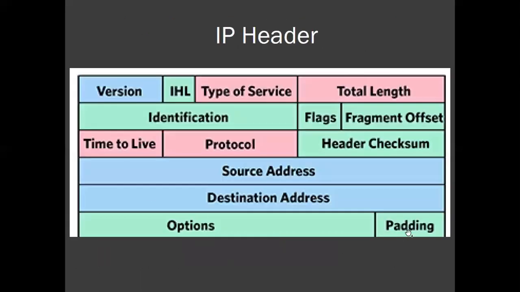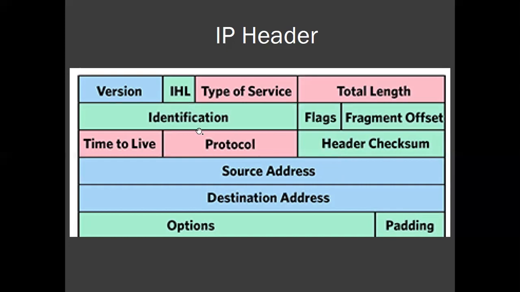Here is the IP header format, and here we have the protocol field. Whatever value the protocol field is carrying is replaced by the value 51. When the protocol field carries the value 51, it indicates that the authentication header protocol is used.